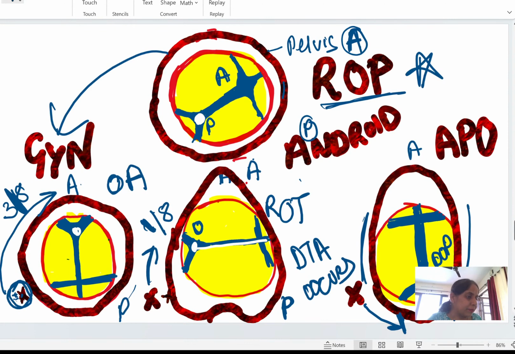Is it okay? Whereas in anthropoid pelvis, there is back rotation.